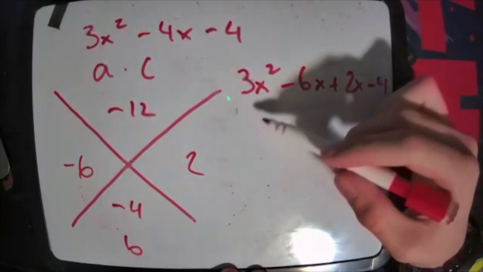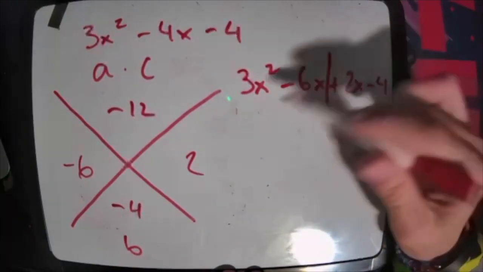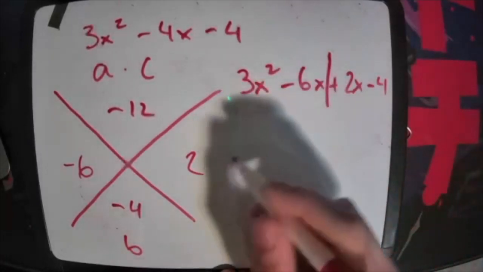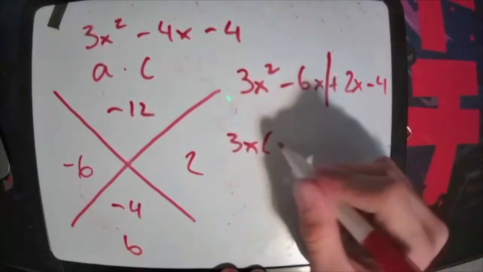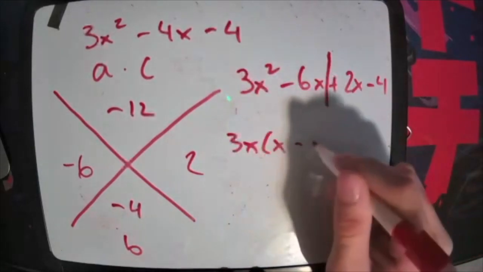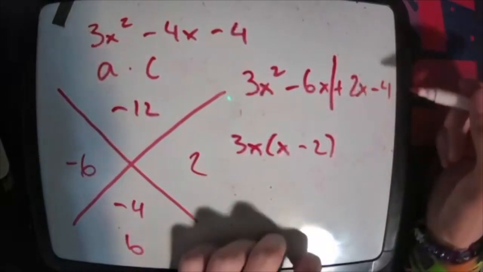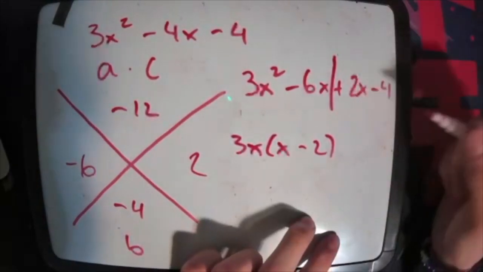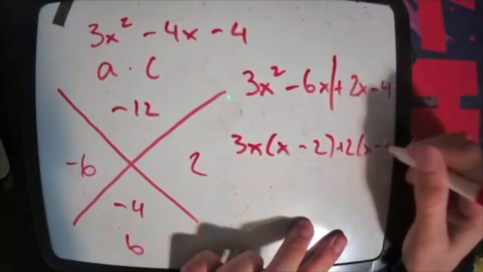Once again, we have to take out the greatest common factor when grouping these two together. Over here, the greatest common factor will be 3x, so we are left with x minus 2. And then the greatest common factor here is going to be 2, so plus 2 times x minus 2.